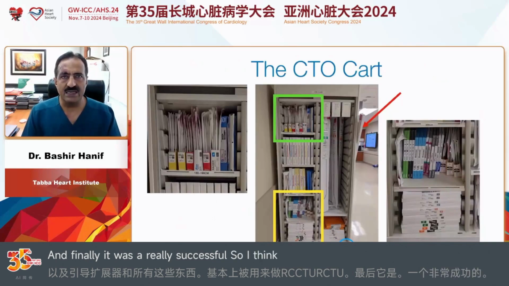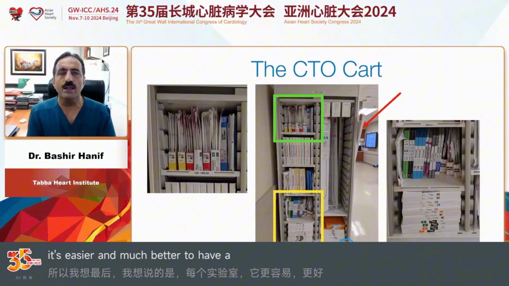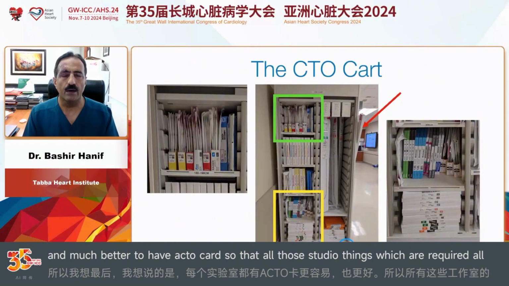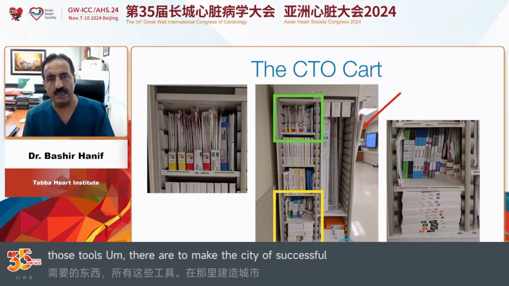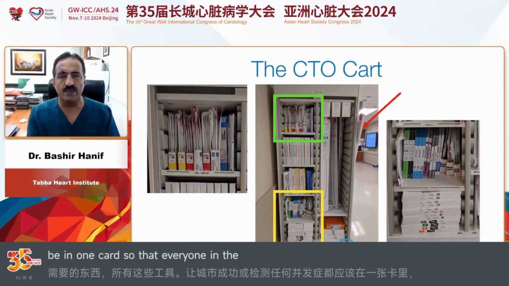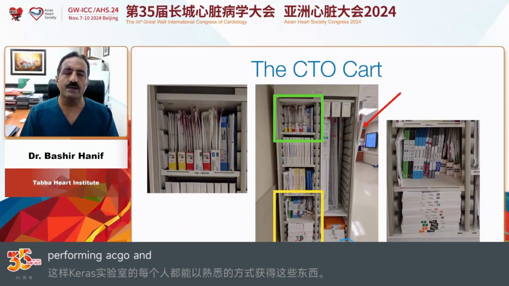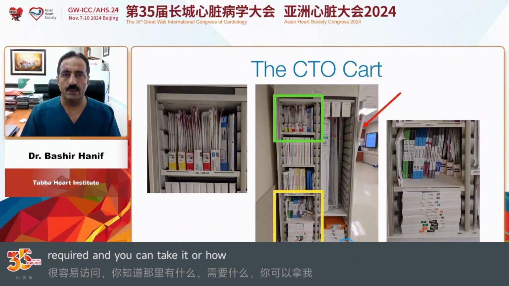Lastly, I would say that in every lab, it's easier and much better to have a CTO cart, so that all the tools required to make the CTO successful or to tackle any complications are in one cart, so that everyone in the cath lab is familiar with where to get those things when you're performing a CTO, they are easily accessible, and you know what is there and what is required.